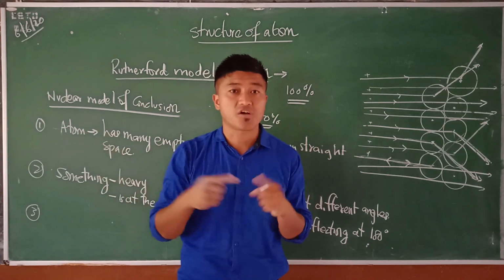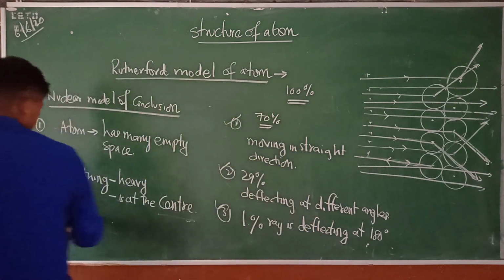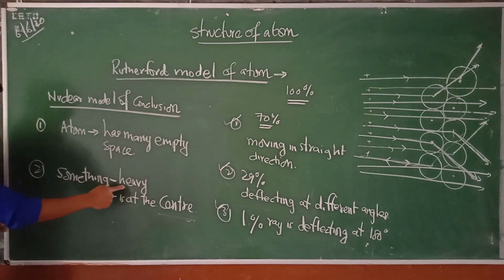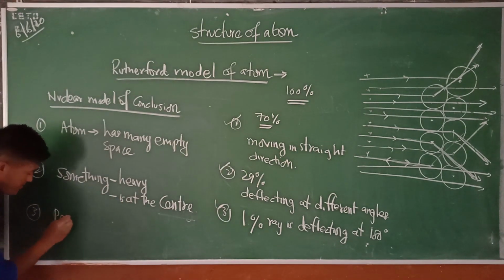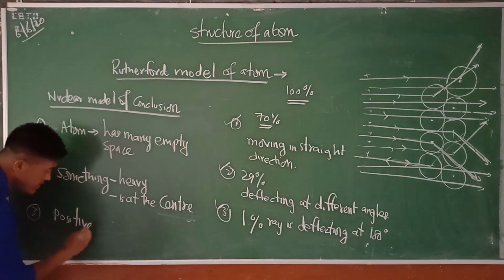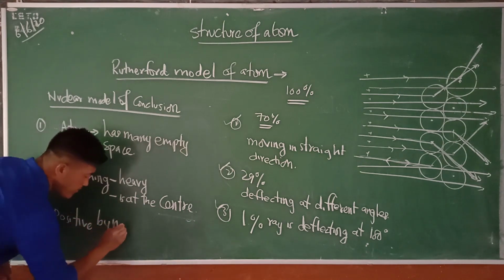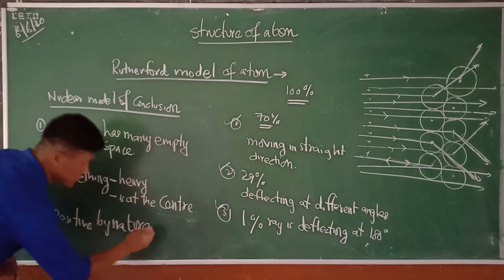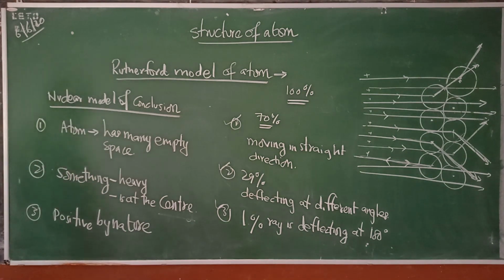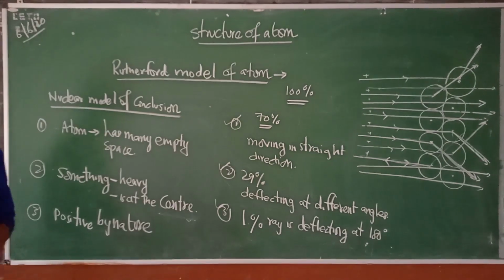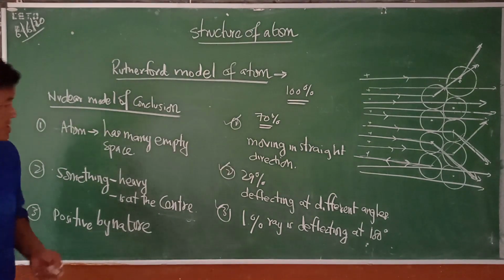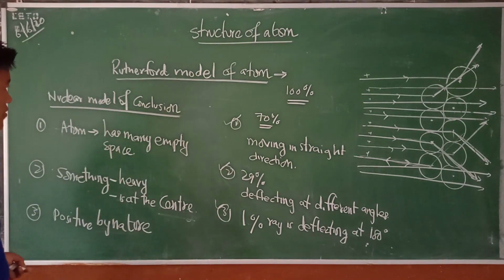We knew that like charges repel, right? So something which is heavy and at the center is positive by nature, which they termed the nucleus. Is that clear? Okay, so now these are the conclusions made by the nuclear model of the atom.